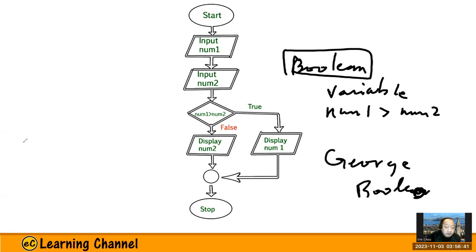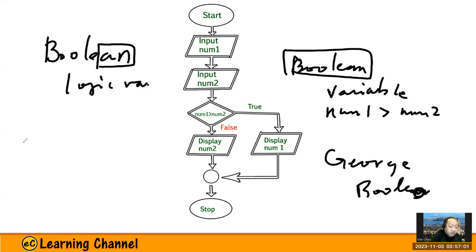Because we would like to remember him, all of the logic variables we call Boolean variables. It's an adjective form with an added to Boole, the last name of the person. So usually when we talk about a Boolean variable, it means a logic variable.